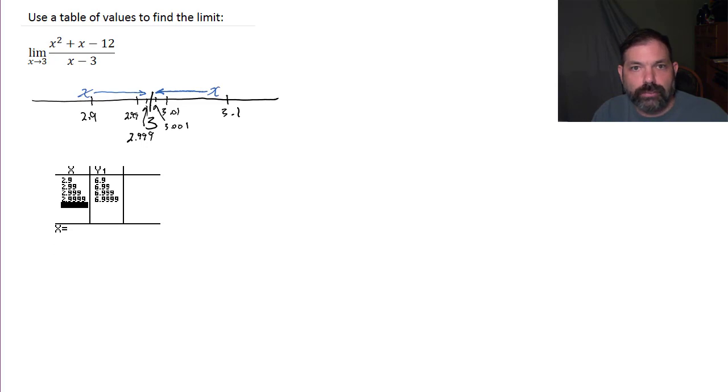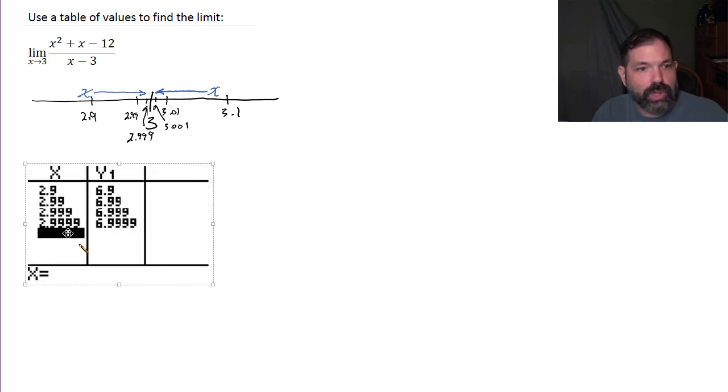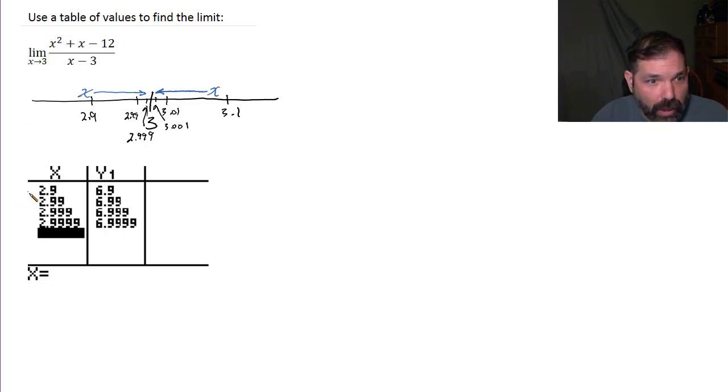All right, so I'd say that this is evidence. Notice what's happening here: my x values are approaching 3.